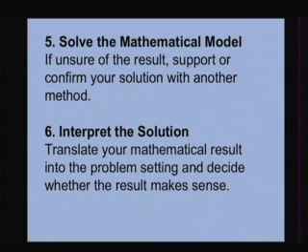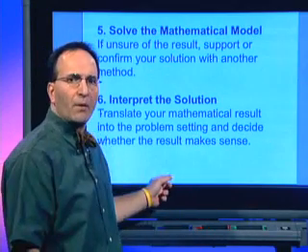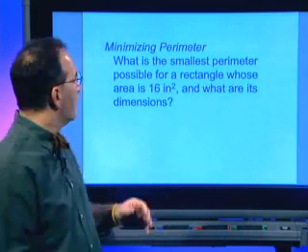If you're unsure of the result, support or confirm your solution with some other method. Number 6, interpret the solution. In other words, translate your mathematical results into the problem setting and decide whether that result makes sense. Let's look at an example where we apply this method to solving a real-world example.